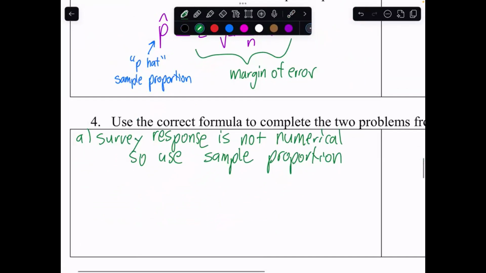Just always imagine yourself, what if you were being asked a survey question? Would your answer be a number or not? Here it is not.